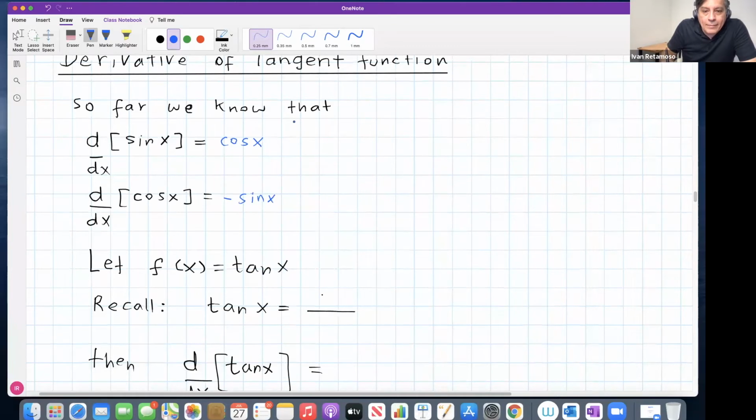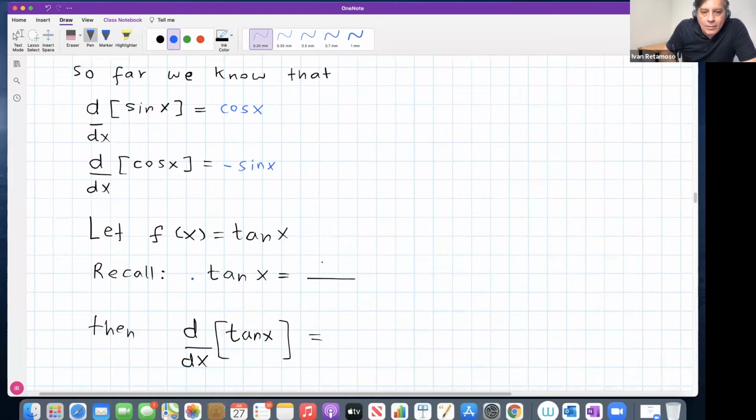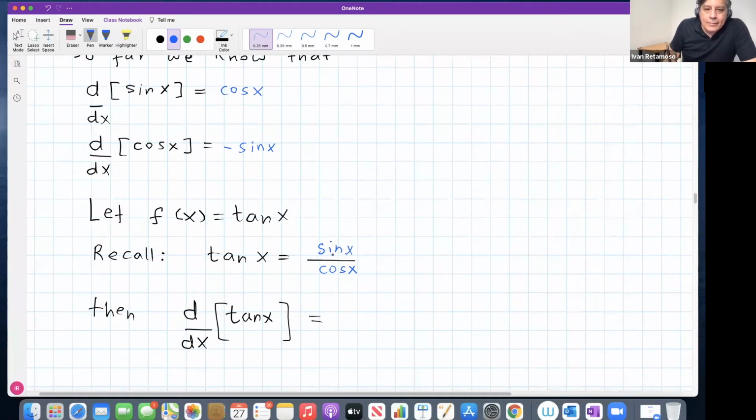Well, for that, I'm going to help myself out by recalling something you might have seen in pre-calculus. There is this so-called quotient identity: tangent of x is equal to sine of x over cosine of x. It's called the quotient identity. Tangent is sine over cosine.